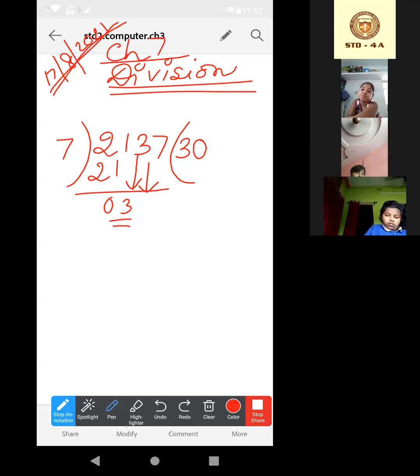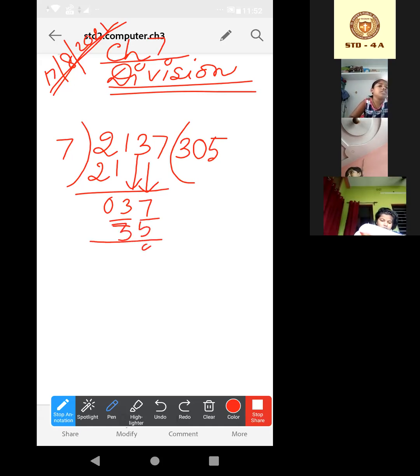After taking this 3, still 3 is less than 7. Normal division we are doing. So this 7 will be there now. 5 sevens are 35, then this 2 will be there. This division all of you understood too? Normal division.